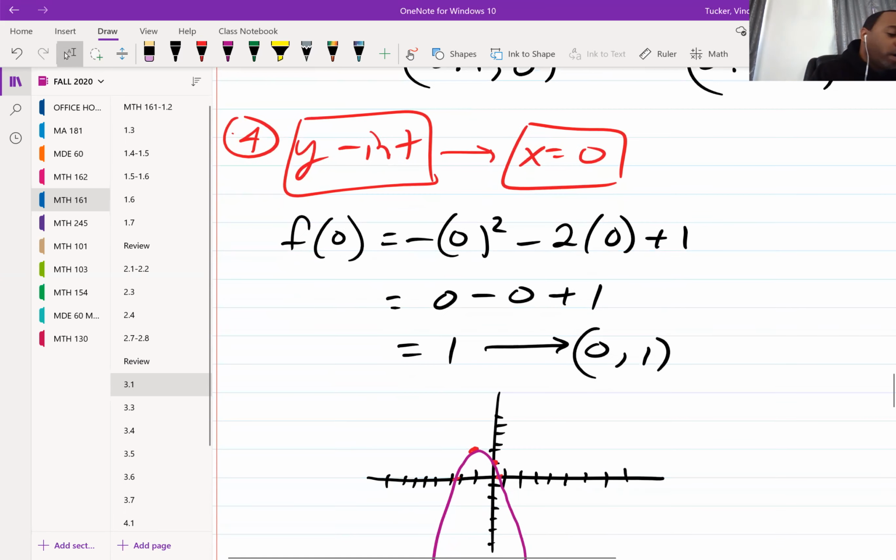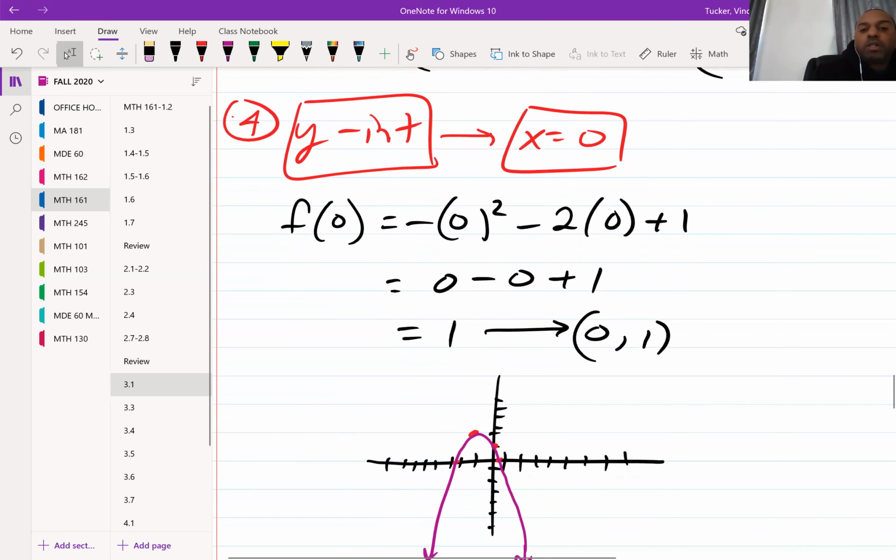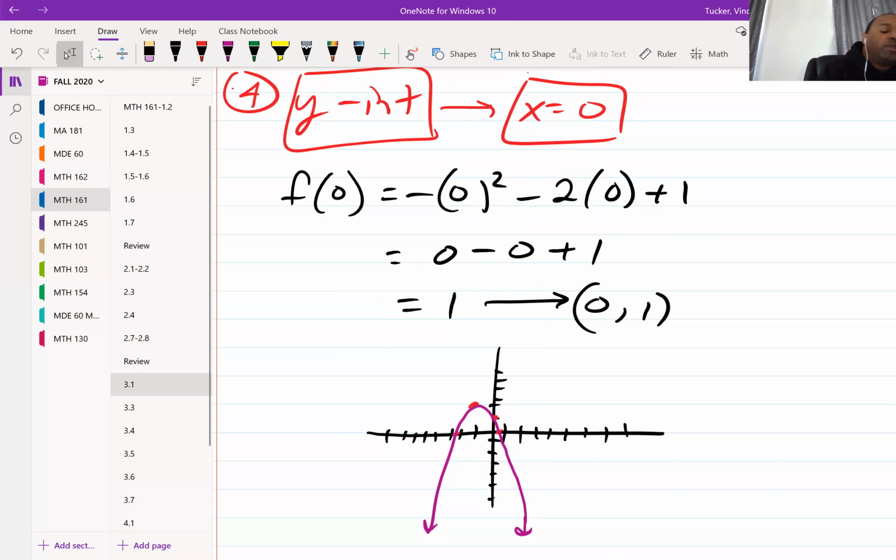All right, once you have your y-intercept, you can go ahead and graph, and those are your 4 points.